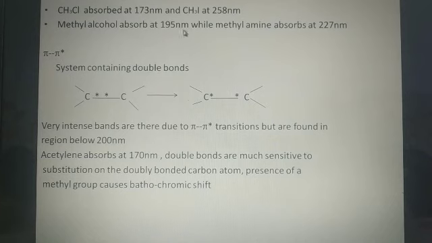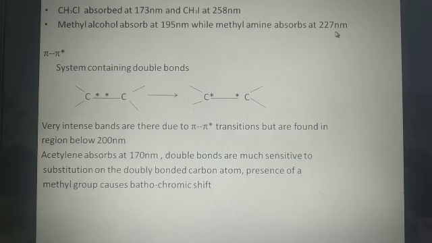So the electronegativity difference creates the absorption change: in the loosely held case, it moves to the longer wavelength, and whenever there is a tightly held case, for example oxygen or chlorine, it moves toward the shorter wavelength.